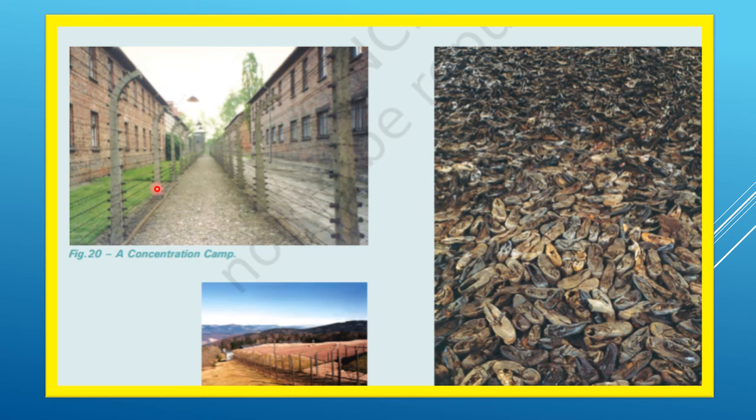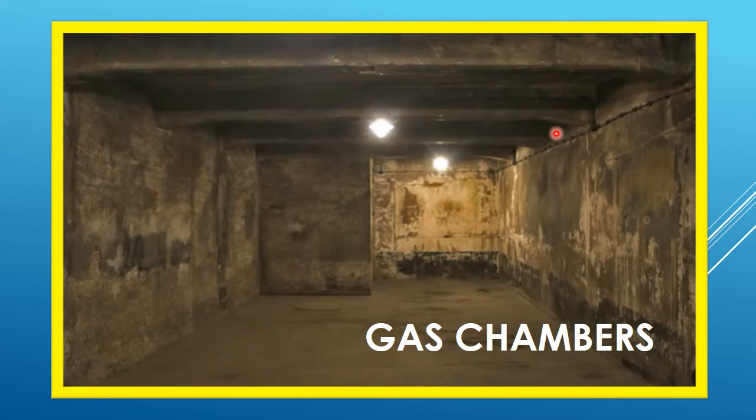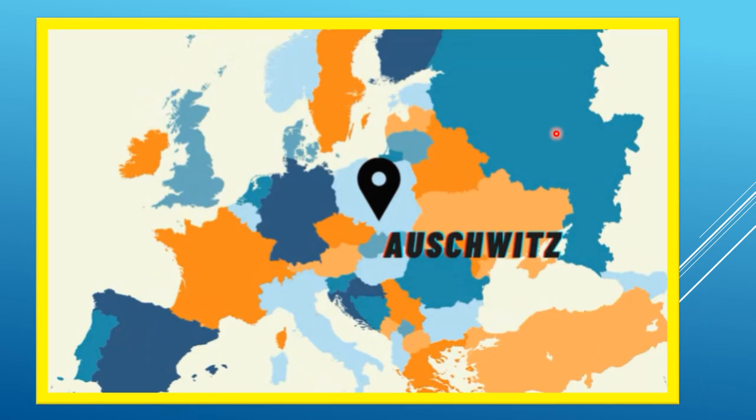Once they were put into the death factory, they were made to remove their shoes. You can see the heaps and heaps of shoes, and can imagine how many people were killed. The Jews were packed in this gas chamber, and poisonous gas was released, and mass killing took place within minutes. One such gas chamber was there in Auschwitz.